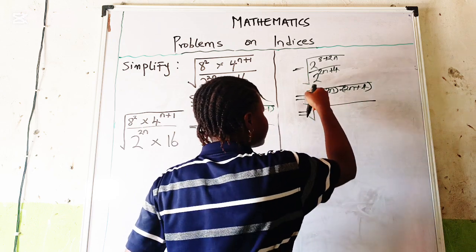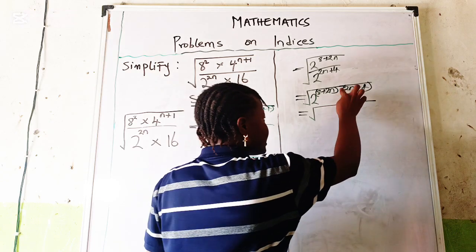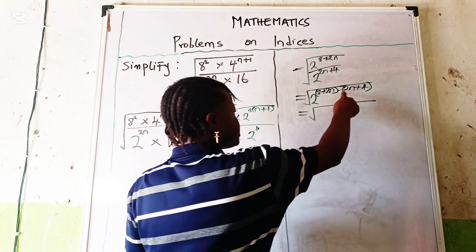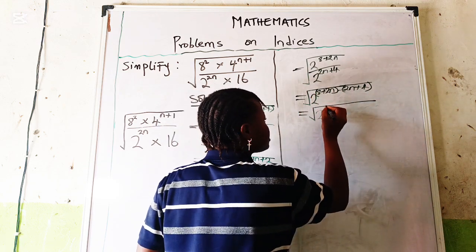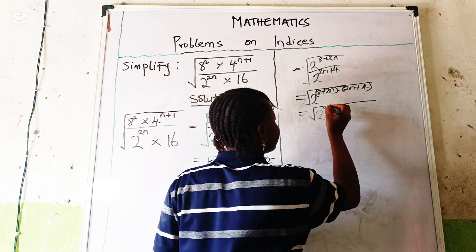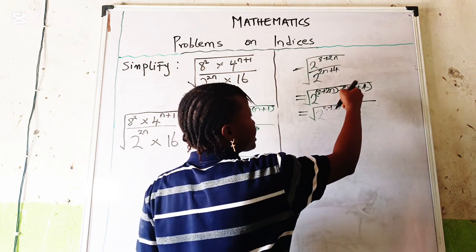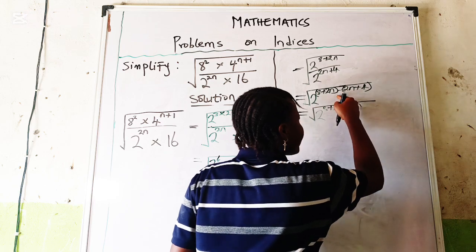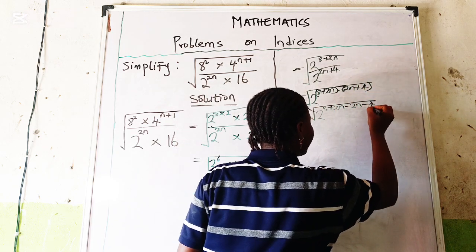Which is equals to, you open the bracket. Here there's an invisible 1, which is opening this bracket, while here there's minus 1. Minus 1 is opening this bracket, that is 2 raised to power 1 times 8 will give you 8, then plus 1 times 2n will give you 2n, then minus 1 times 2n will give you minus 2n, then minus 1 times plus 4 will give you minus 4.